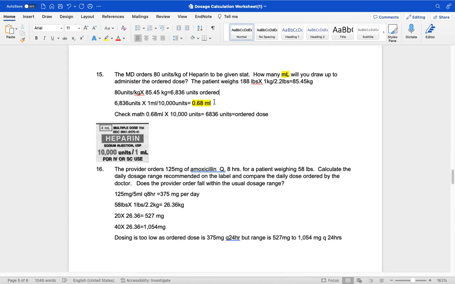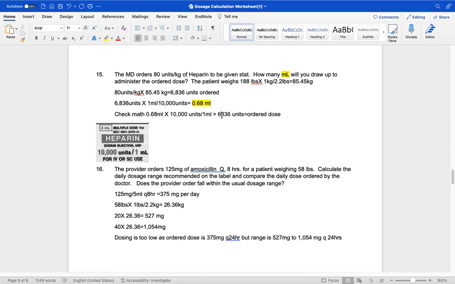You take that answer we just got, the 0.68, to make sure that that is the correct answer. We plug that back into what we have on hand. We have 0.68 mLs times 10,000 units over 1 mL. So mLs cancel out, leaving us with units.